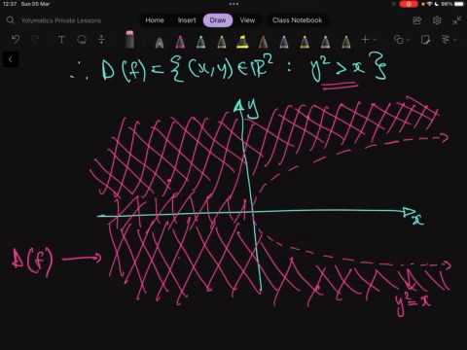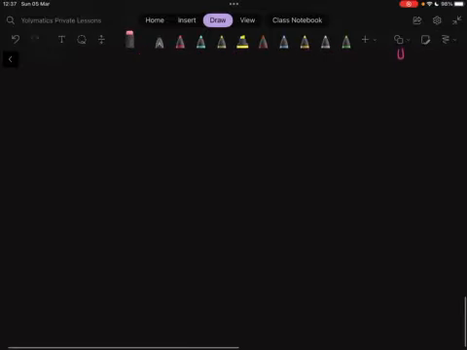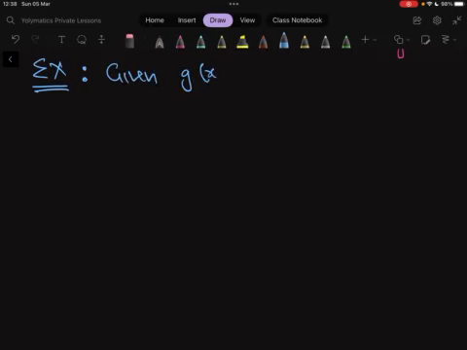So the next thing that we want now is to look at another example. The other example goes as follows. We are given a function g of x, y, which is defined as the root of 9 minus x squared minus y squared.